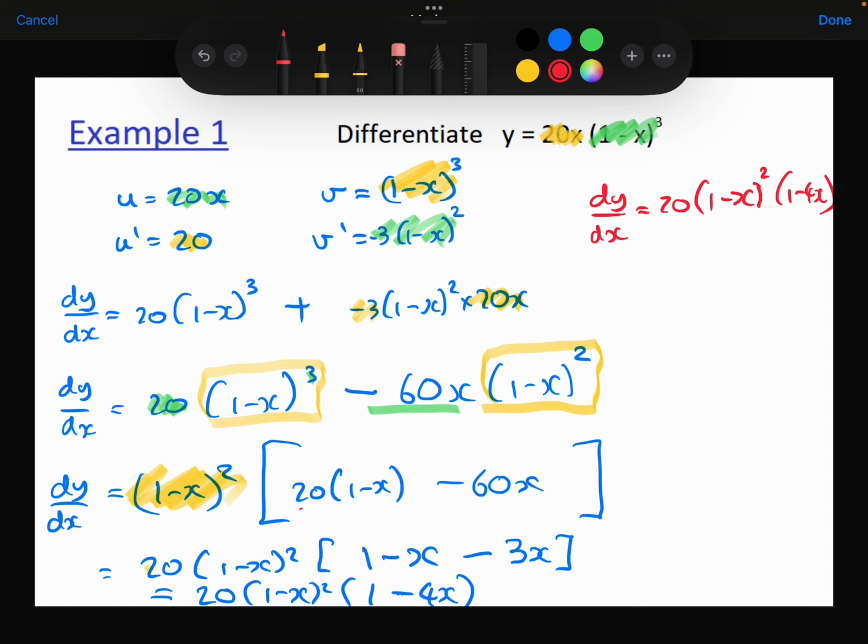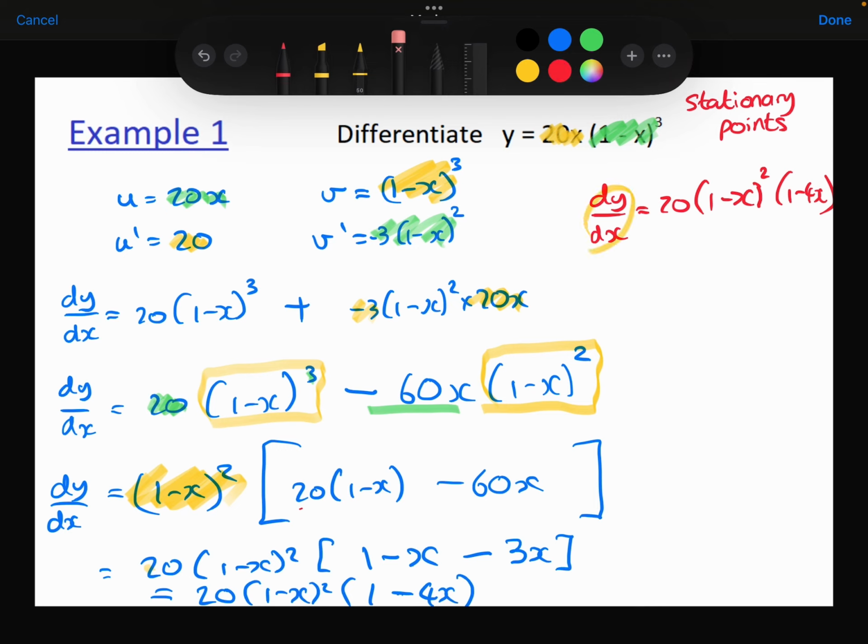So not only should we factorise to make things look neater and tidier, but it is going to be much, much, much easier to solve problems with the gradient function when it's in this form. Because let's say I'm looking for stationary points or turning points. We know a stationary point is when the gradient is equal to 0.